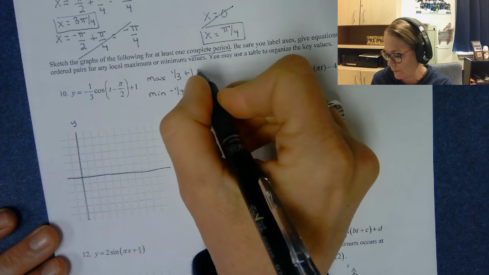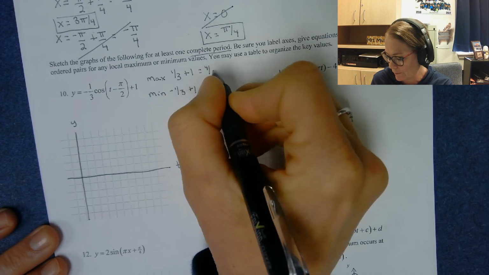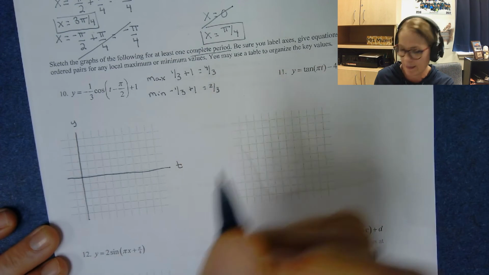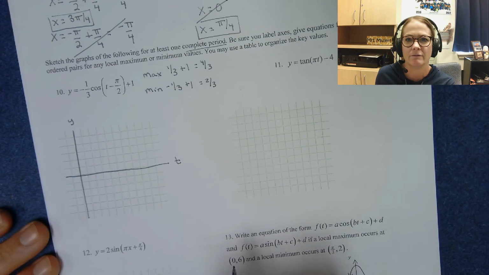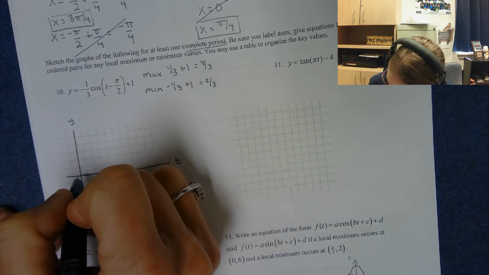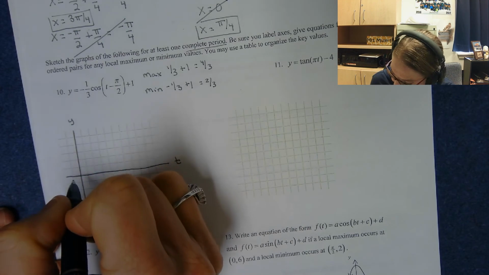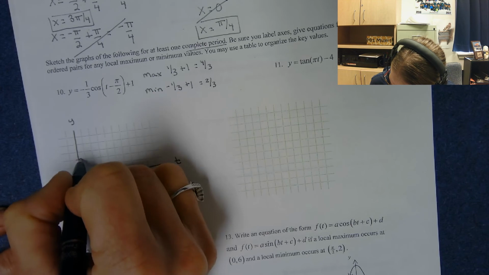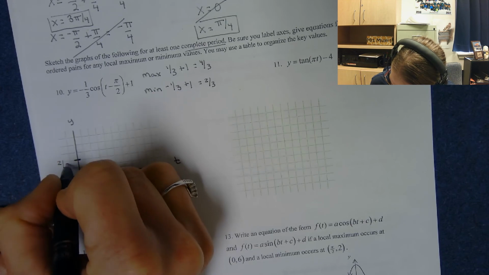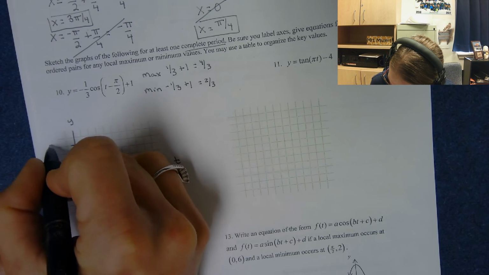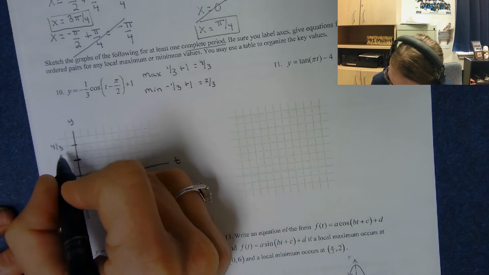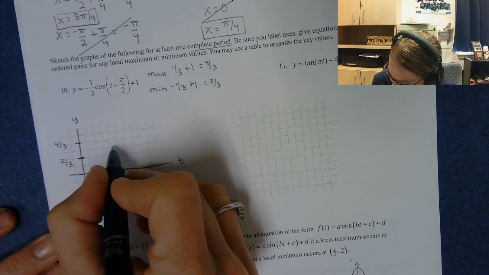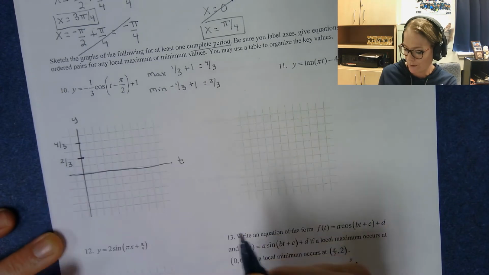So 1/3 plus 3 over 3 is 4 over 3, and negative 1 over 3 plus 3 over 3 is 2 over 3. So that's going to be my max and my min. That'll take care of the transformations vertically. And you're going to have this midline right here in the middle, which would be 3 over 3, or 1.